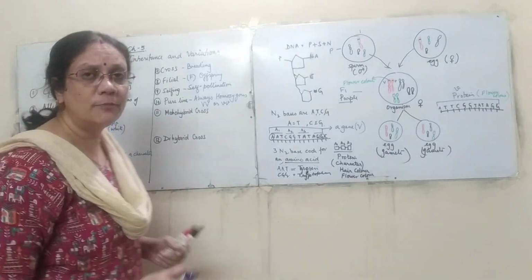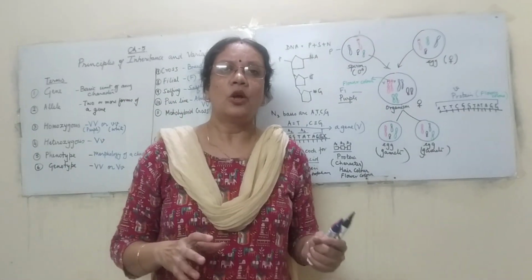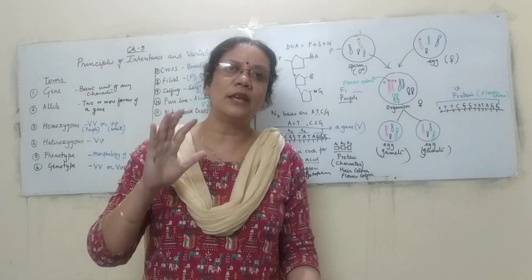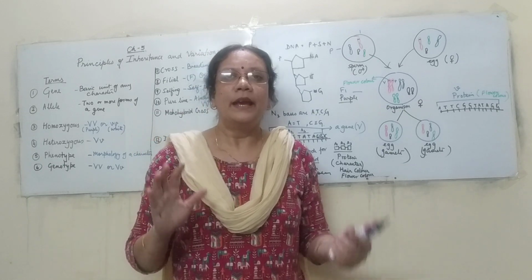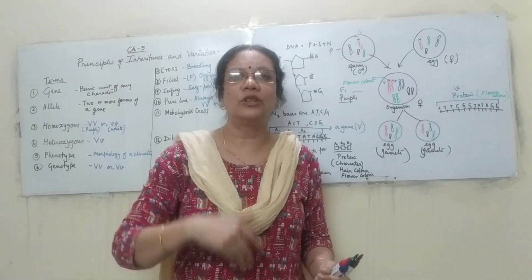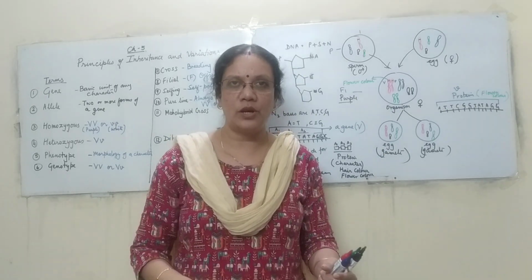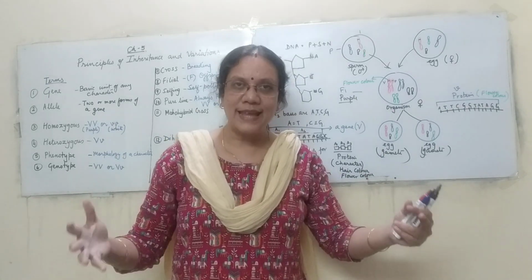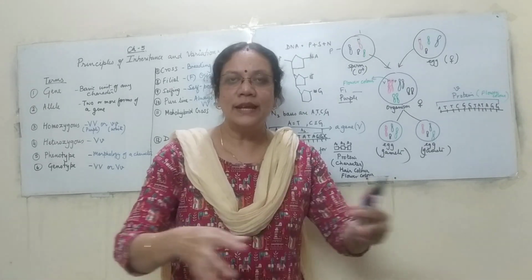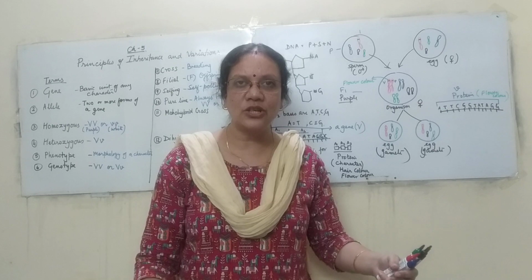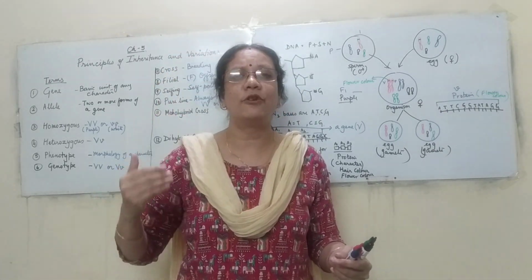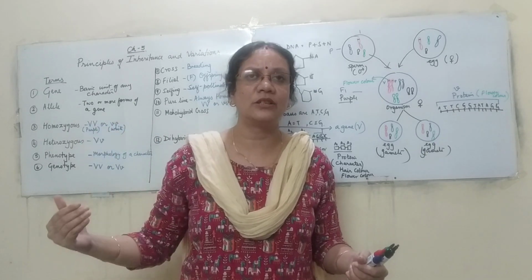How is a pure line obtained? Suppose a plant which is a pure line is taken, a tall plant. We know that a tall is dominant and it is again crossed with another tall plant. So the next generation will be all tall. Again, those next generation offsprings are allowed to self-pollinate. All the next generations or the third generation that I am talking about, all of them will be tall. So this is continuously done for at least 5 to 7 generations.